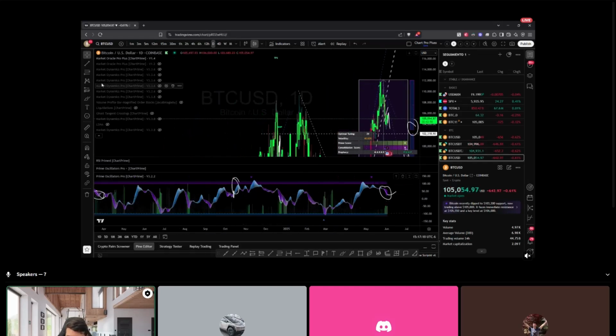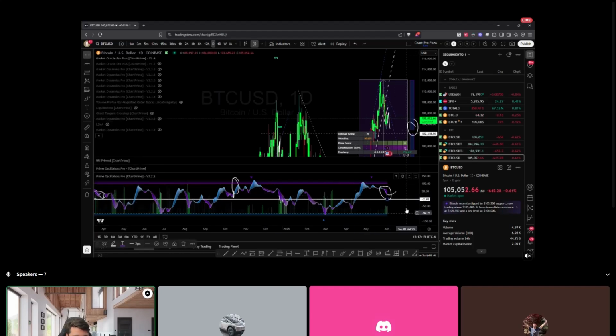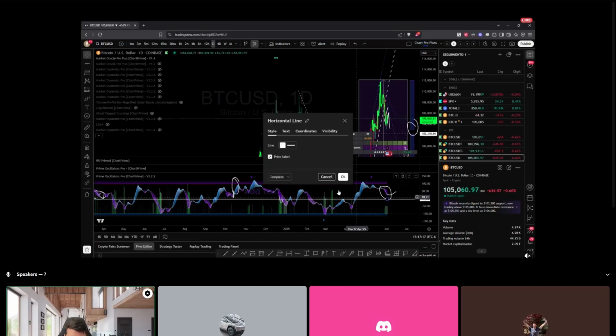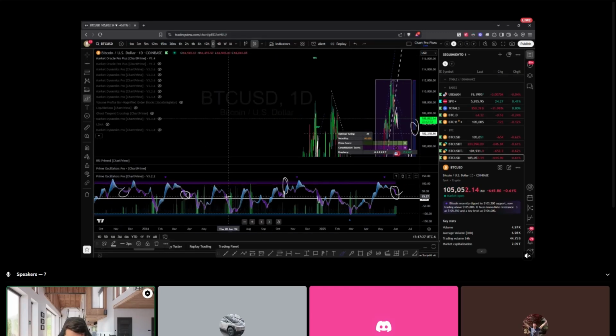There's a little caveat here, which at this point I don't think is so meaningful. Let me first add my zero line so we have a point of reference. Let's go for coordinates, let's do the 0, right click it, and lock it. Perfect. Usually when I'm looking at the green candles, I also want my ribbon to be below the 0 line.